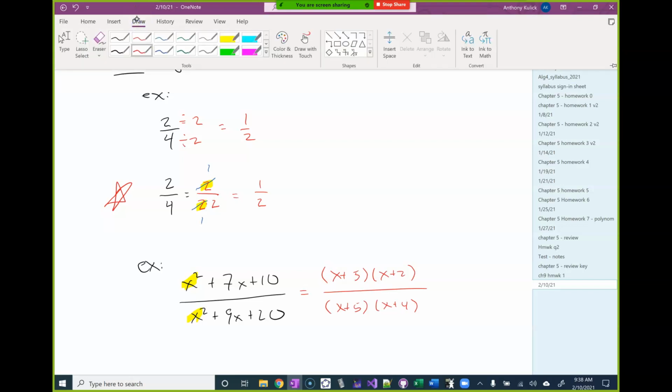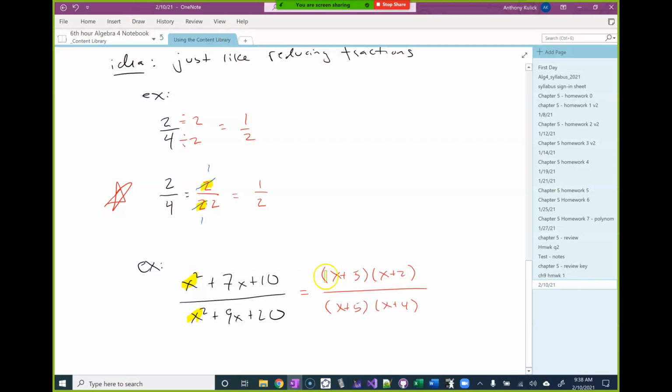Now, if I look at this fraction, I have one thing multiplied to another thing in the numerator, and in the denominator I also have one thing multiplied to another thing. Does it matter that there's addition and subtraction going on inside the parentheses?